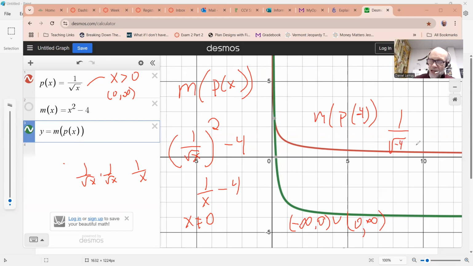So that limitation still goes on. So I can't get an output. If this had been +4, I would have been good to go. I could have got 1 over 2, and then I could have dropped that into the 1/2 squared -4, because that's the outside function, right? And we would have got an answer. What is it? 1/4 -4, so -3 3/4, right? So if it had been positive, no problem, but see, that original domain didn't go away.